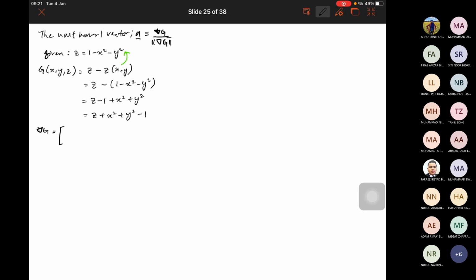This is equal to the partial derivative of the I component plus the partial derivative of the J component plus the partial derivative of the K component.